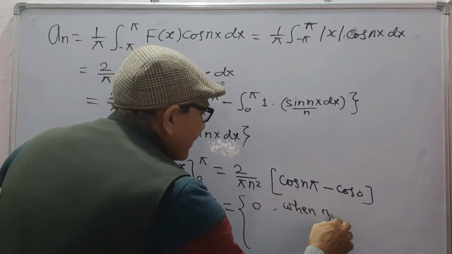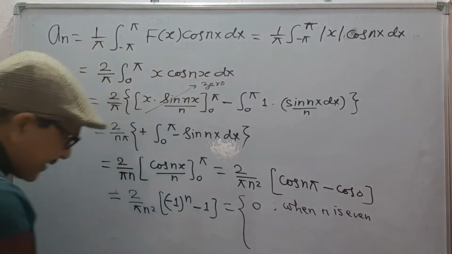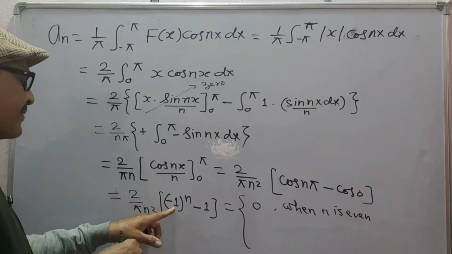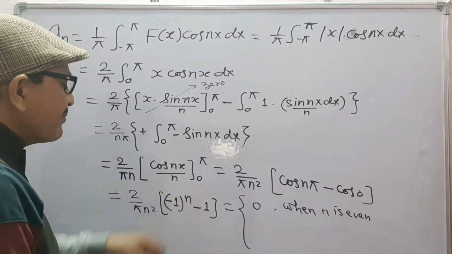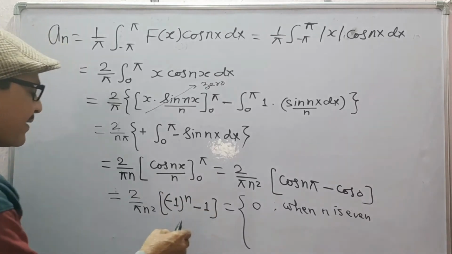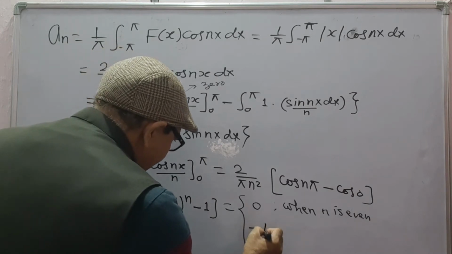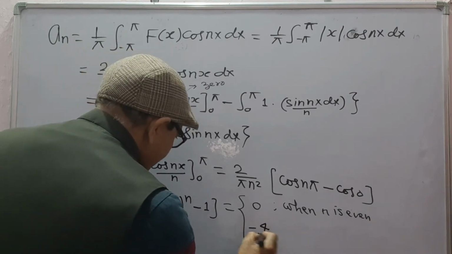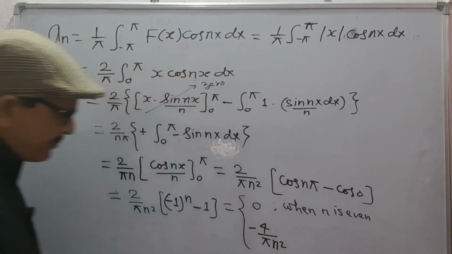And when n is odd, (minus 1) to power odd will give minus 1, minus 1 minus 1 gives minus 2, becomes minus 4/(pi n²).